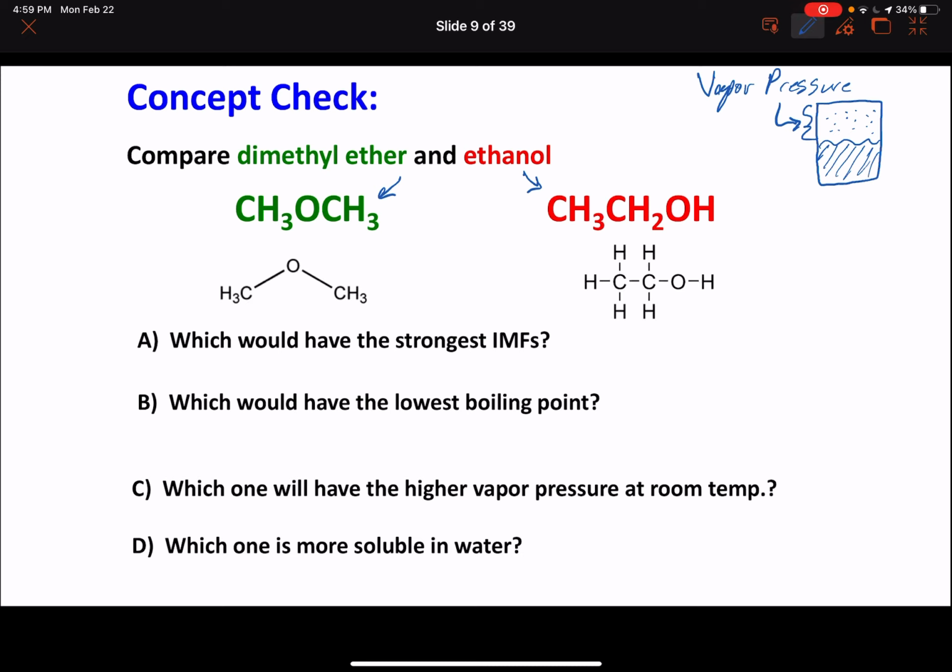Okay, so hopefully you started by drawing the molecular geometry to help you predict polarity and ultimately think about intermolecular forces, that is, forces between twins of these molecules.